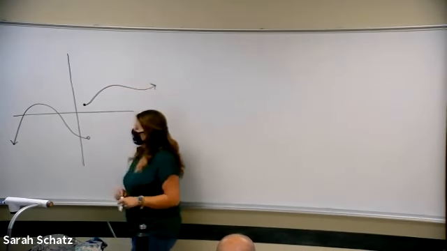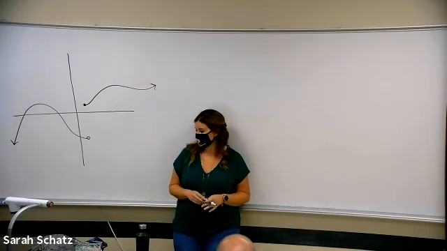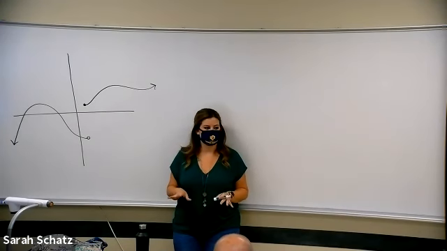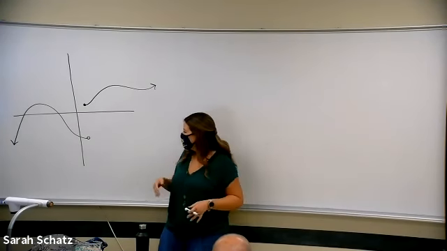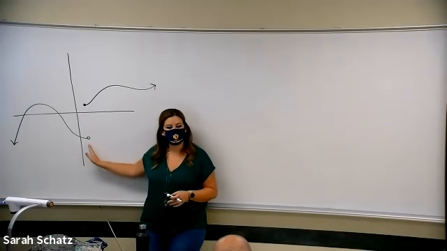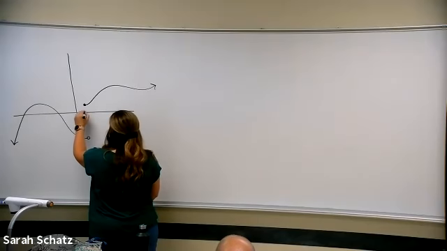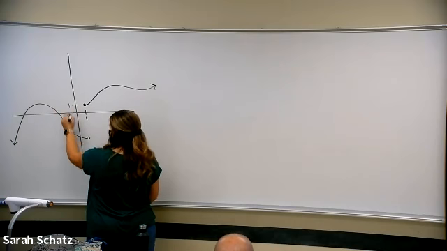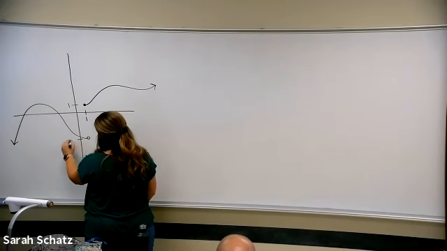Okay, so we looked at a graph like this last time. But what did we talk about was happening here? Let's say that this is x equals 1. Let's say the y value up here at the dot is 1, but this hole is -5.